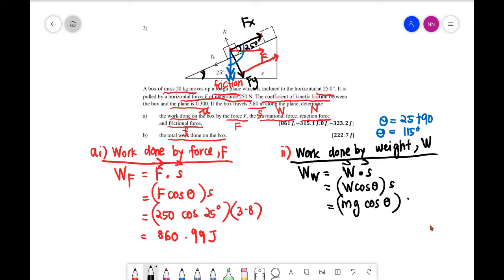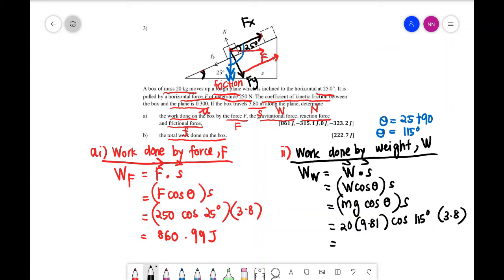m is 20 kilograms, mass must be in the unit kilogram, g is 9.81, cos 115 degrees, and then displacement is 3.8.